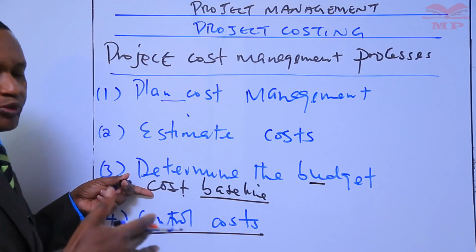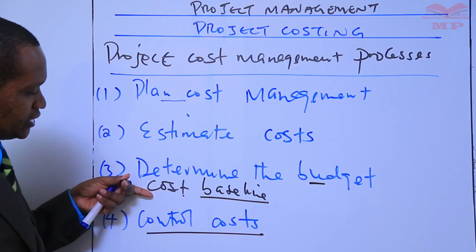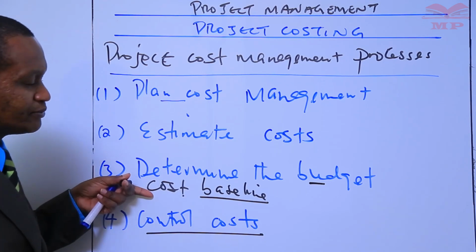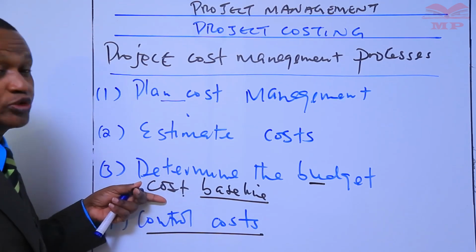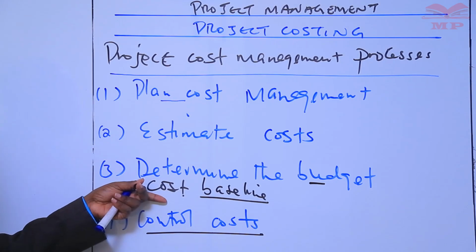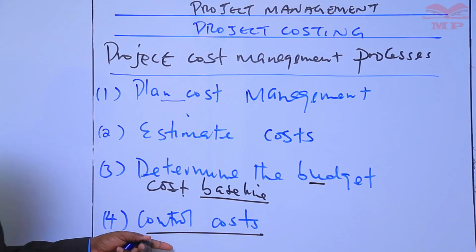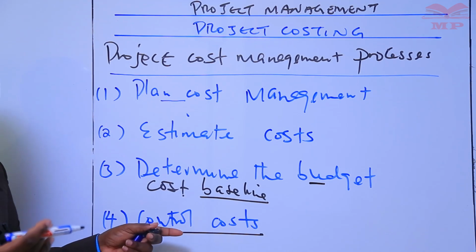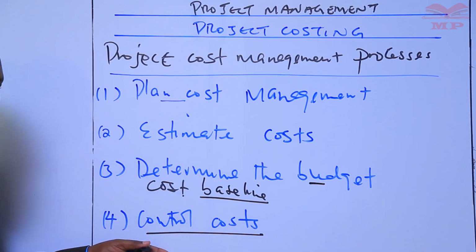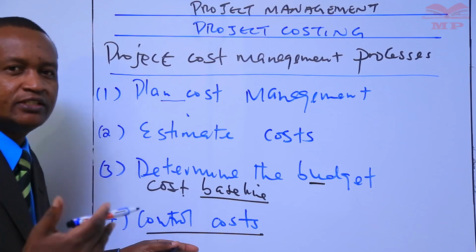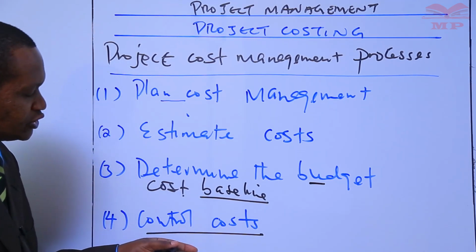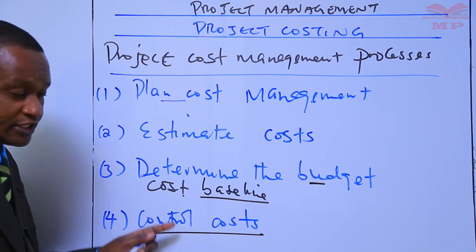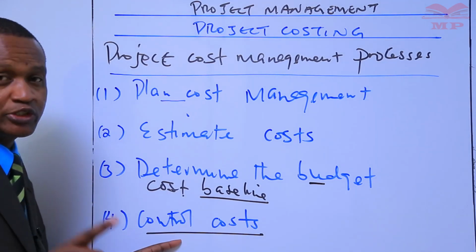When the project is underway, the project cost must continuously be compared against the cost baseline. And the key benefit of controlling costs is that the cost baseline is maintained throughout the project, so that you can take care of any variances between the cost baseline and the actual cost.